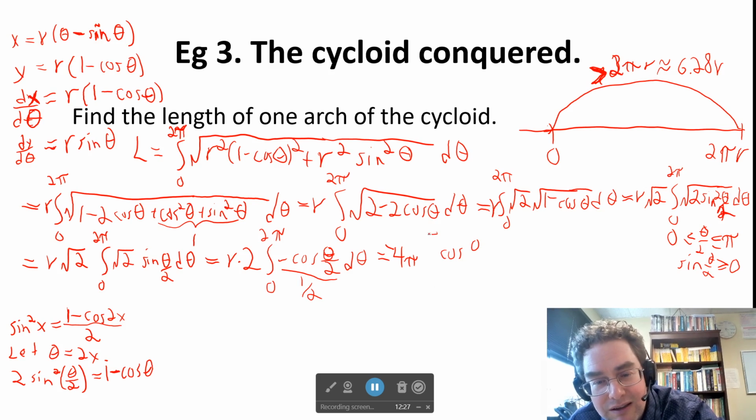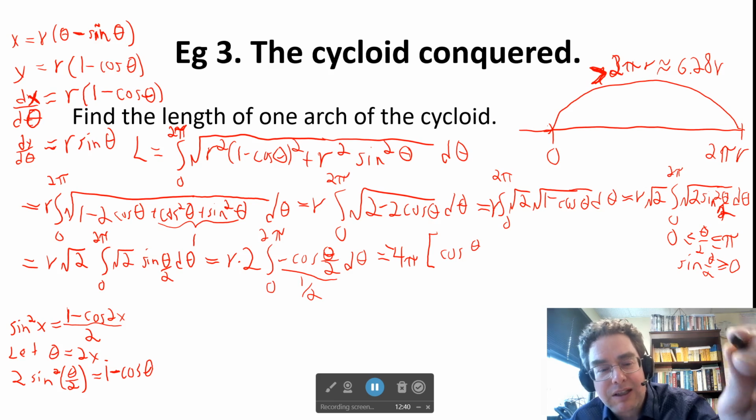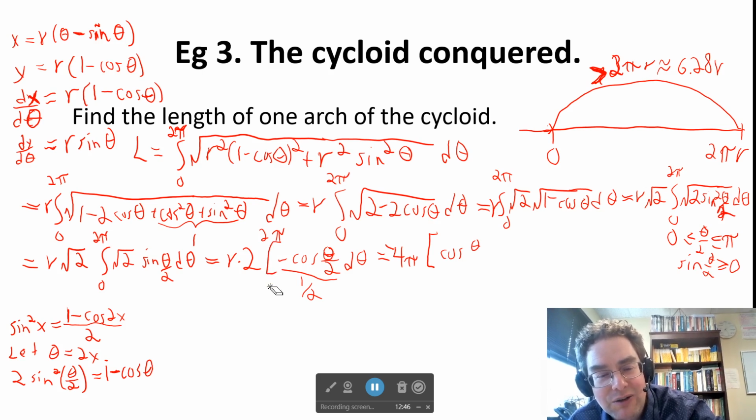Duh. We already had anti-differentiated on the previous step as well, didn't we? Okay, so this would be like so, 0 and the 2 pi. Hopefully you caught that quicker than I did.